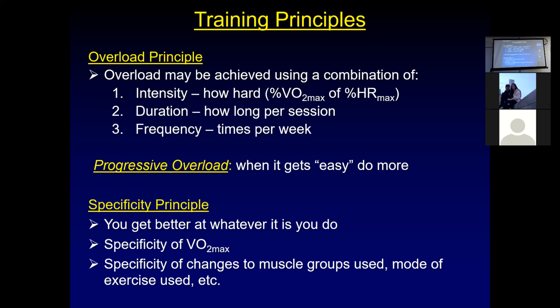Your VO2 max during cycling may not go up. Your VO2 max, if we put you on an elliptical, may not go up, okay? In people that are very, very unfit, who have a very low VO2 max, any kind of thing is going to make their VO2 max go up. You take a person that's just had a heart attack, you train them on the bike, they're going to get better on the bike, they're going to get better at running, and all of those things are going to happen.